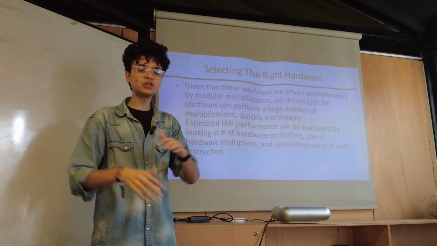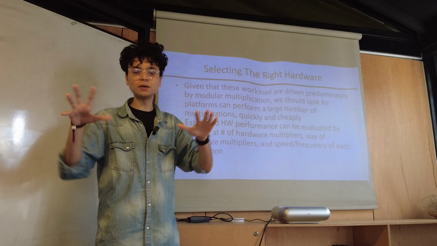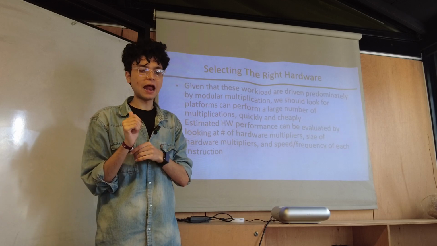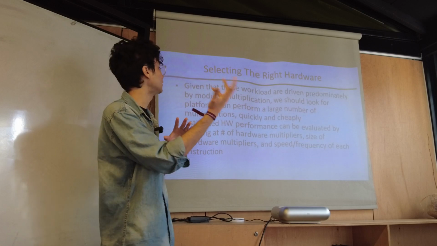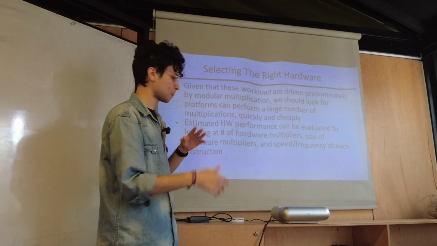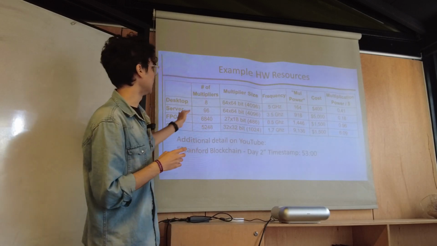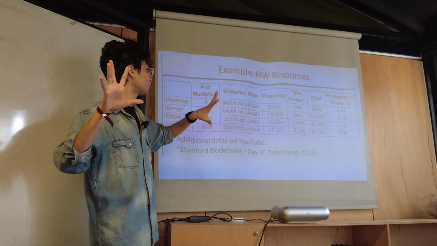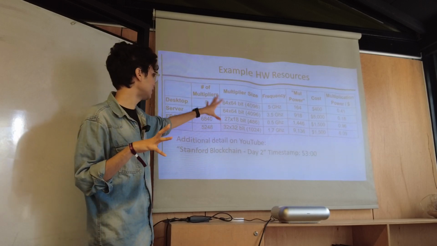Right, so eventually the workload comes down to modular multiplication, and we can estimate the performance of a hardware based on how well it does these modular multiplications. If you take something from this presentation, I think this is probably the most important slide.